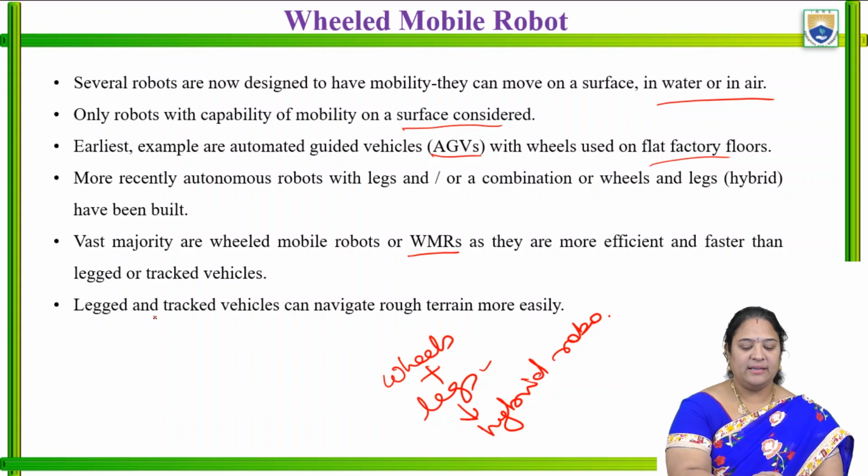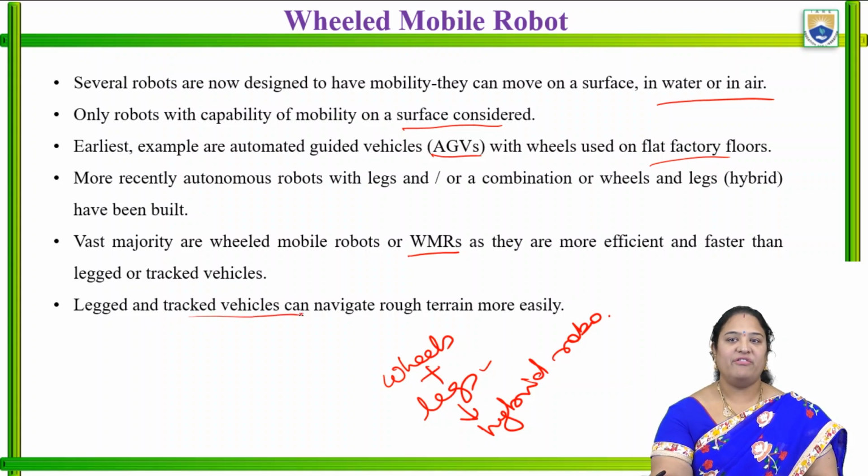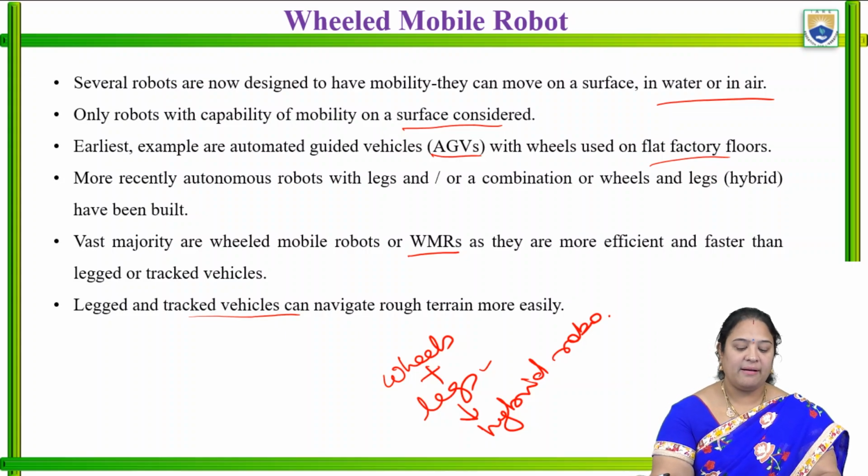Not only that, the legged and tracked vehicles can navigate through rough surfaces more easily. Other than the wheeled robot, the legged and tracked types of vehicles can navigate through the terrain more easily.